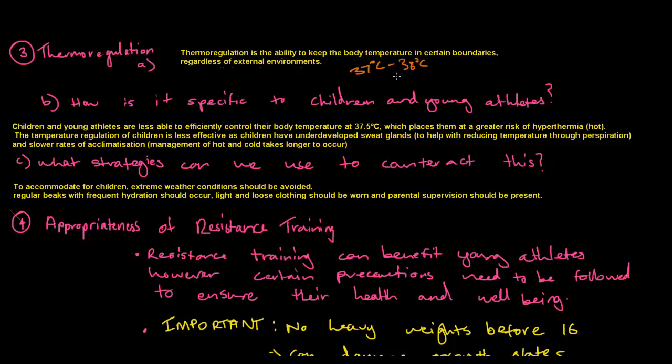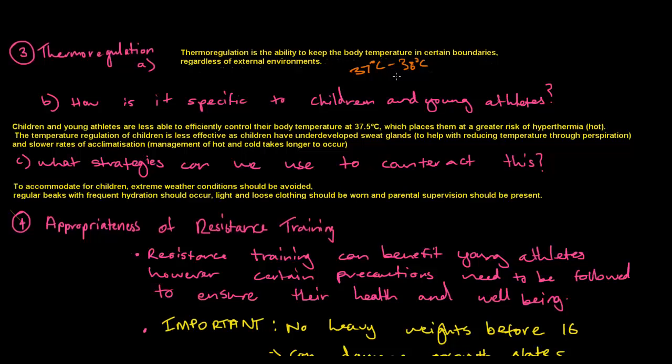Outside of that range, we start sweating or shivering, and thermoregulation is basically keeping our body in that range so we can function optimally. If anyone does biology, this is a little bit related to metabolism, but not that much. It's just the ability to keep the body temperature in certain boundaries.